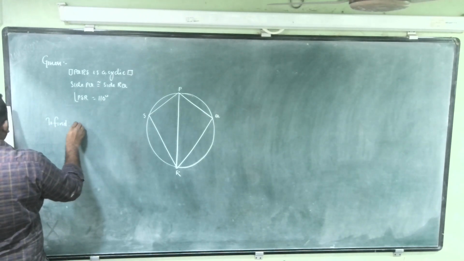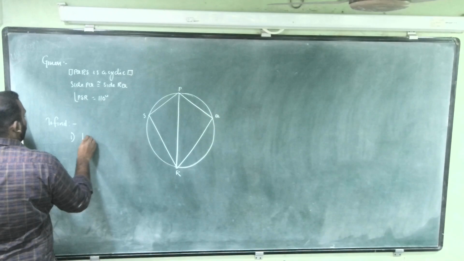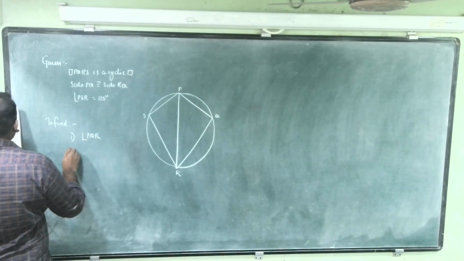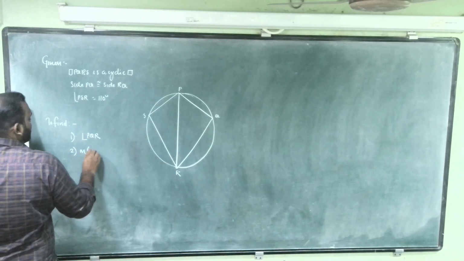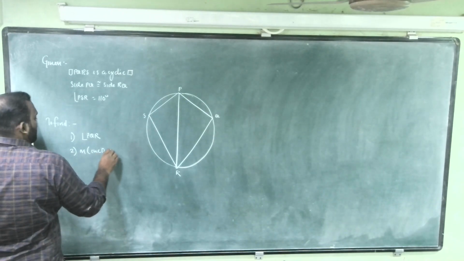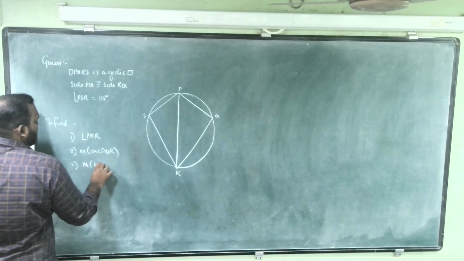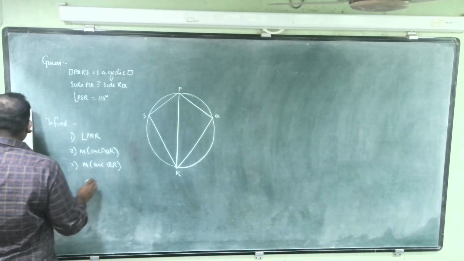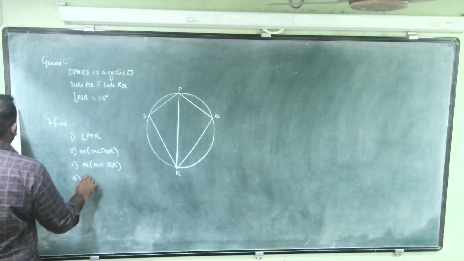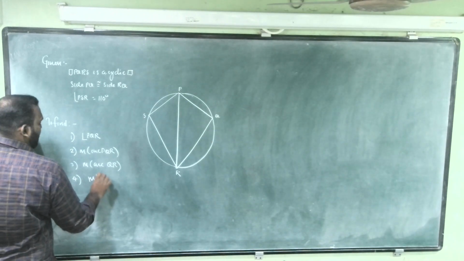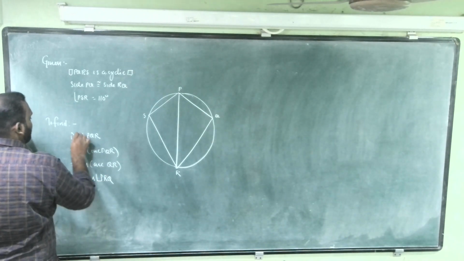First, the measure of angle PQR. Second, the measure of arc PQR. Third, the measure of arc QR. Then you need to find the measure of angle PRQ.